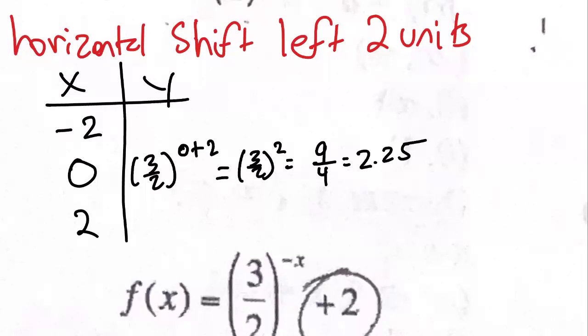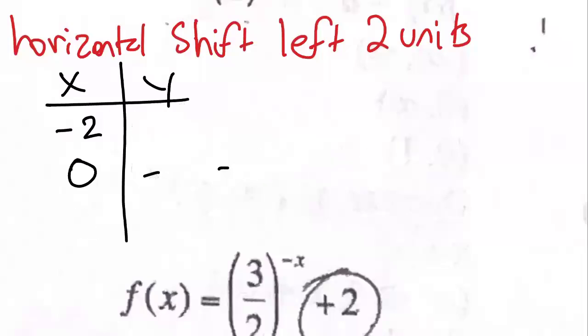And then when I plug in -2, you're right. We're shifting it to the left 2 units, so we'll do -4, -2, and then 0.